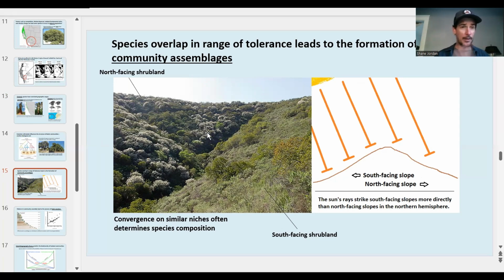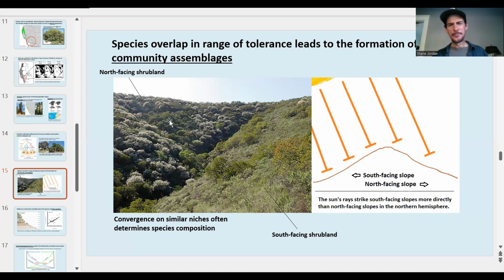And I'm not sure how obvious this might be to you, but if you look carefully, the composition of plants on the north-facing shrubland is much different than the composition of plants on the south-facing shrubland. These plants tend to be taller and require more moisture, and these plants tend to be shorter, do not require as much moisture, and are more tolerant to heat and exposure to light compared to plants on the north-facing shrubland.